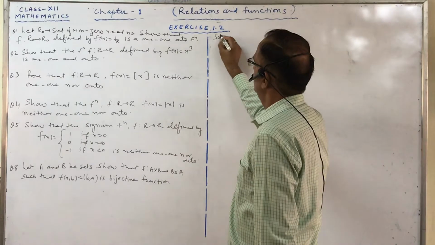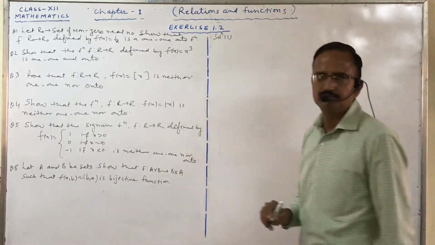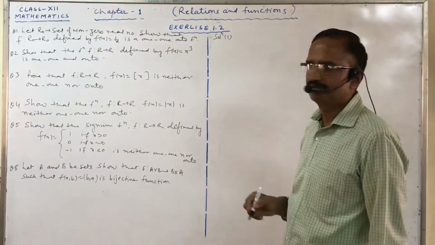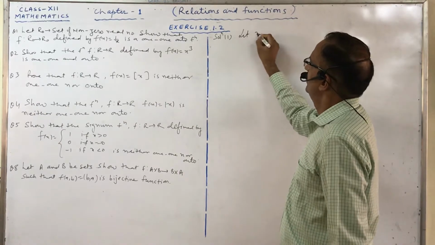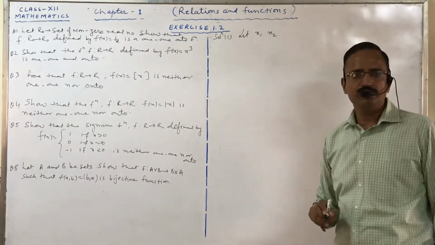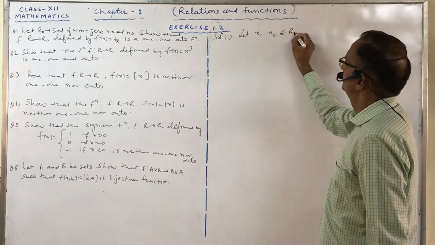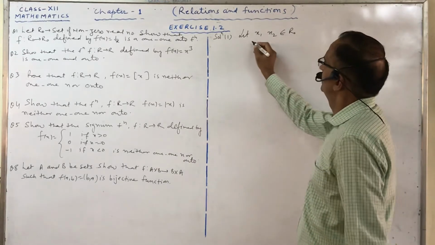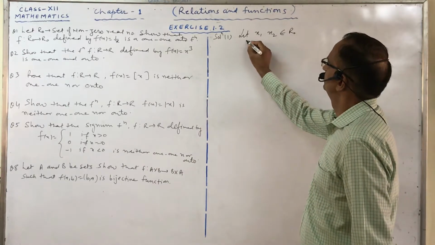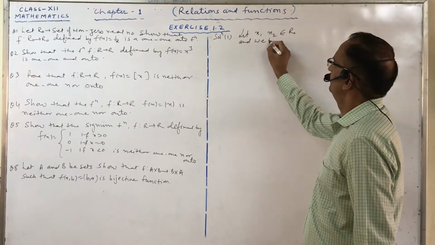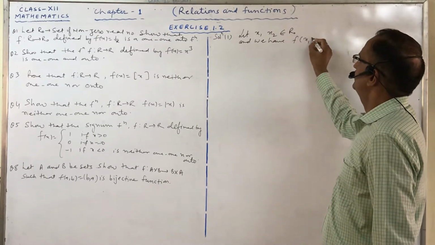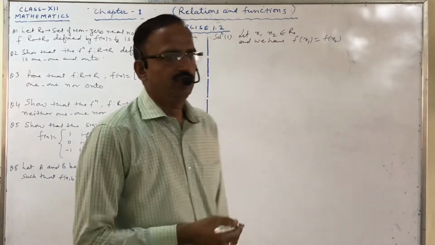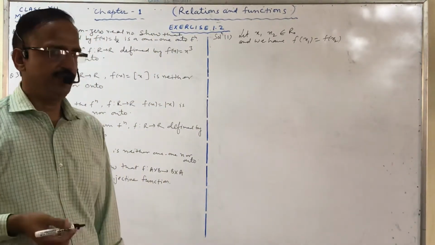So this is the solution of question number 1. Function is f(x) equal to 1 by x. So let x1, x2 be any two elements belonging to R0. Now, suppose we have f(x1) equals f(x2). It means the images of these two elements are same.